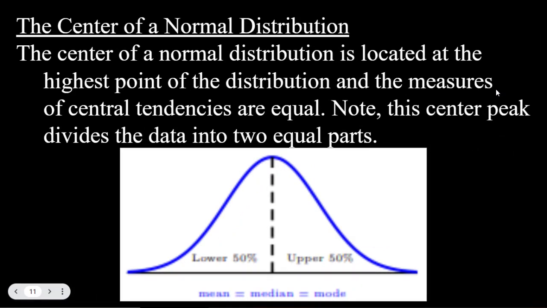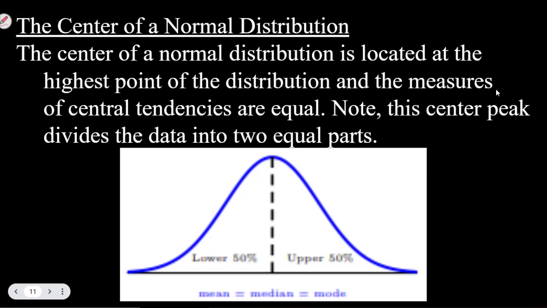The center of a normal distribution is located at the highest point, so the very peak of that mound of the distribution, and the measures of central tendency are equal. So the mean, the median, and the mode are all the same. If you averaged all of these values, your mean would be right here.